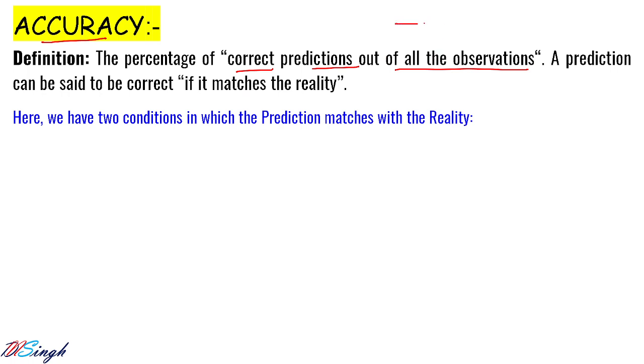All four cases we will take in the denominator: TP plus TN plus FP plus FN. And in the numerator you will have TP plus TN.